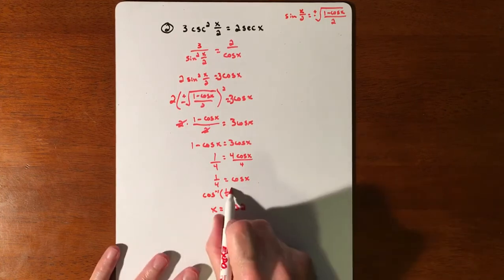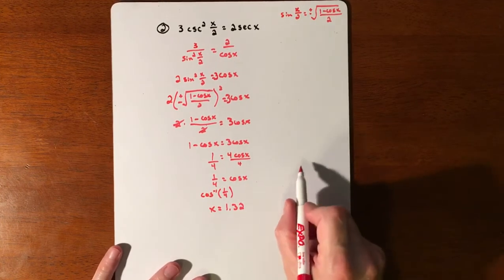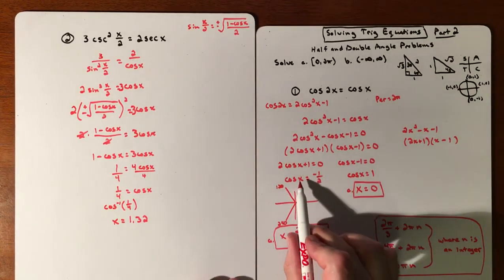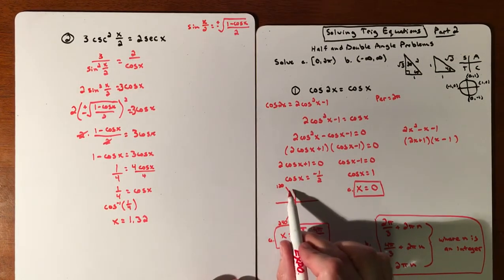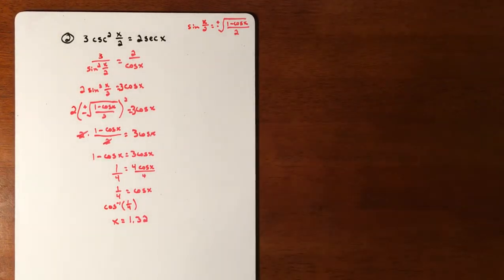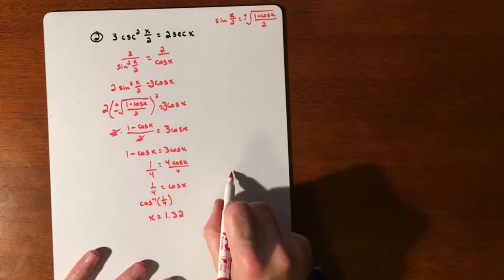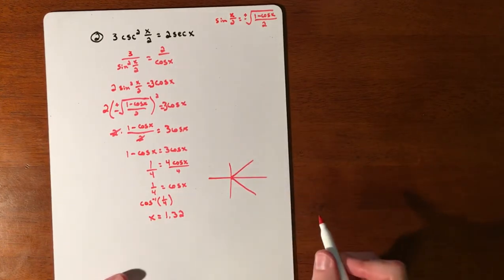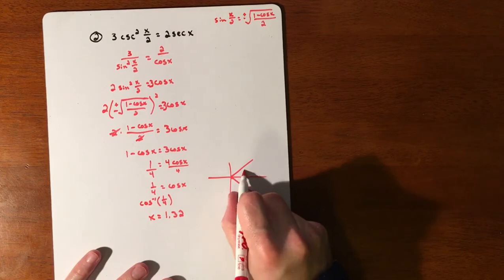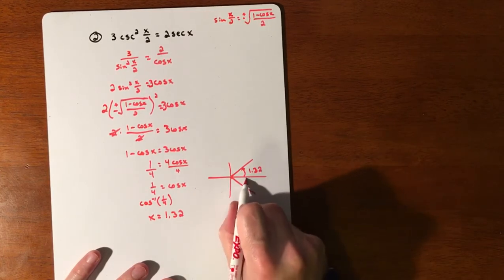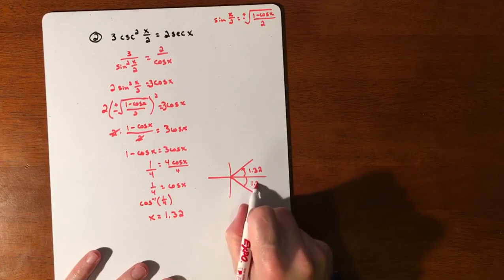All right, so here's the trickiness to this. It goes back to this type of problem. When over here we had cosine of a negative value, we were left in these two quadrants, where this time we have cosine of a positive value. So that means our answer is going to come from those two quadrants. So this radian value is 1.32, but so is that, 1.32.